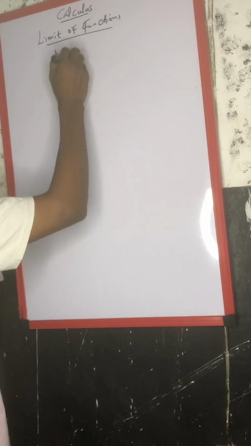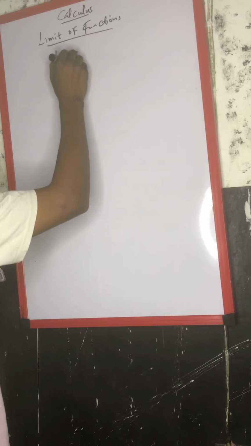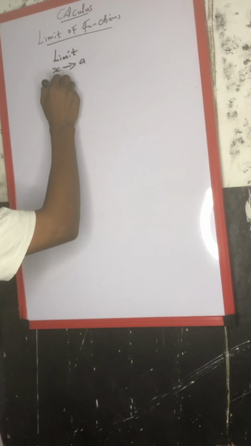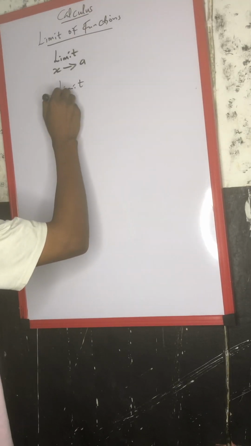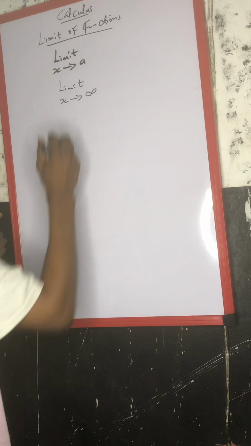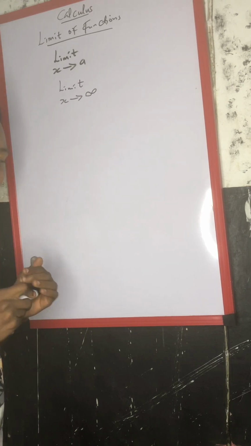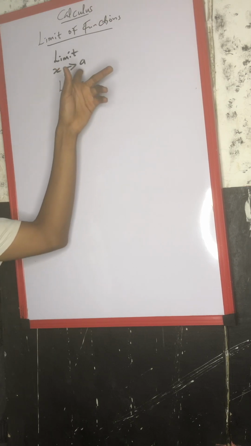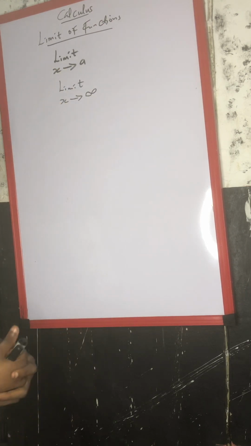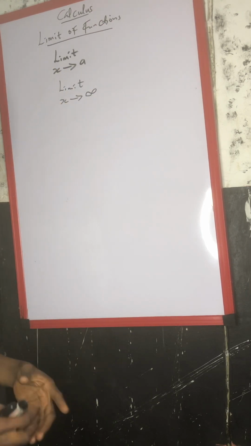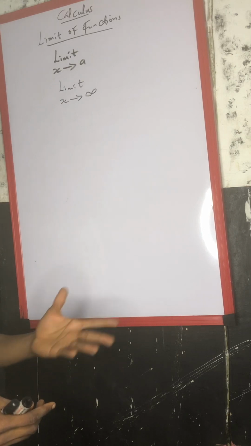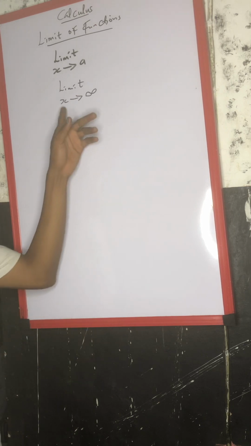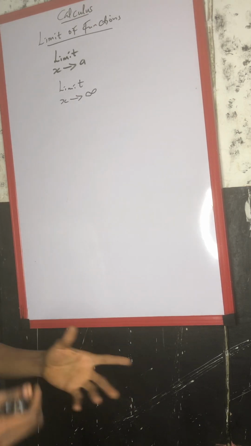We have limits of x approaches a, and also limits of x approaches infinity. The limit of x, or a variable, approaching a, where a represents any value. It can be 0, it can be 1, it can be 2, 3, 4, 5, etc. Then we also have the limit of x approaches infinity.